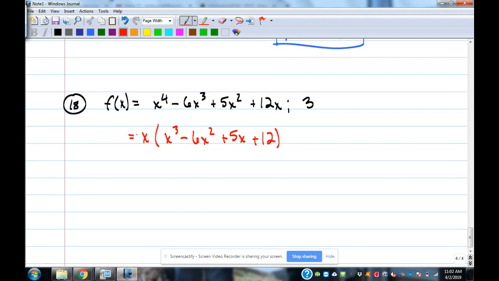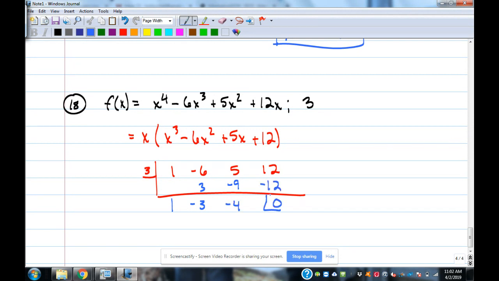That makes it a little easier to do the synthetic division with the 3. 1, negative 6, 5, 12. All right, so drop the 1 and go to work. 3, so that's negative 3, negative 9, 4, that's negative 12. And there I get the 0 in the remainder, just like I'd hoped I would.